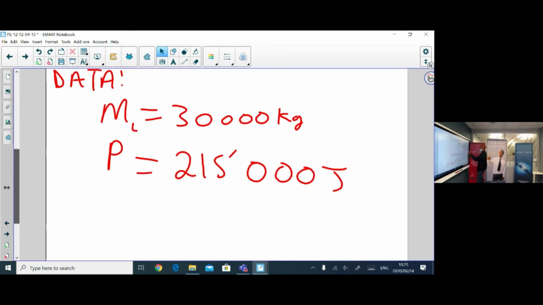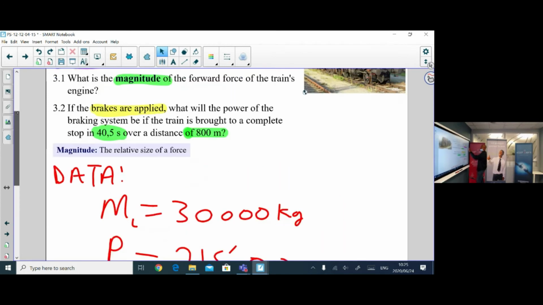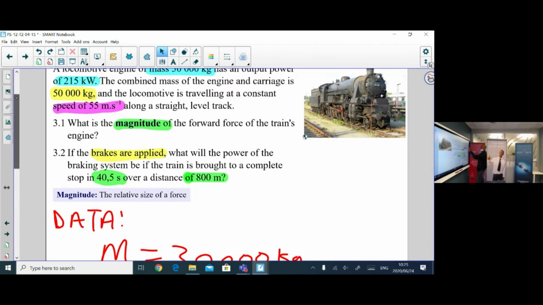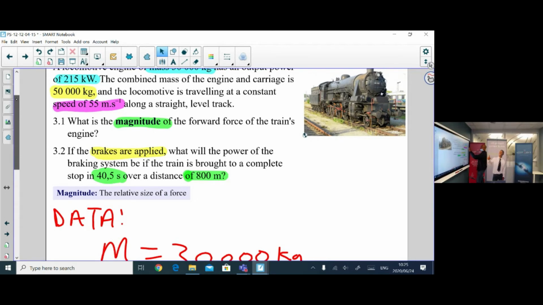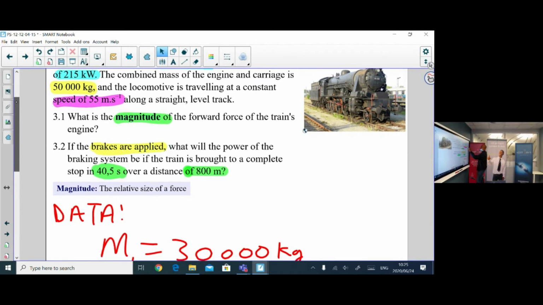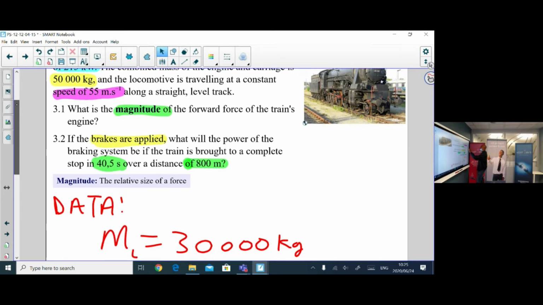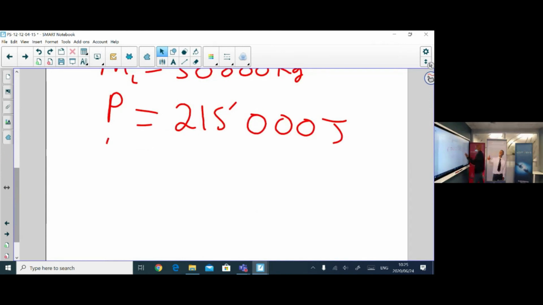And what else? The combined mass of the engine and carriage is 50. We have another mass, the combined mass.